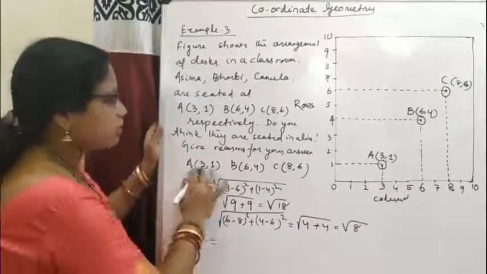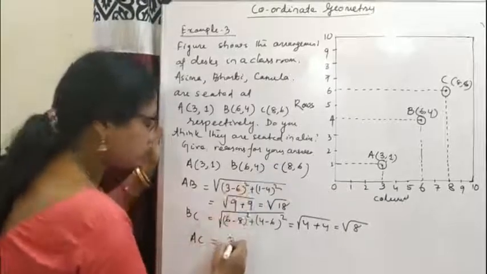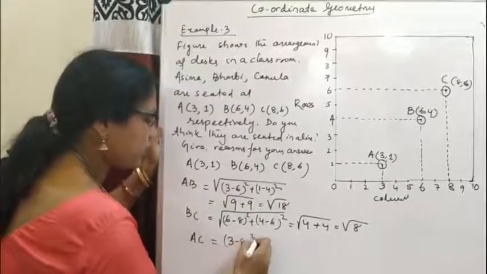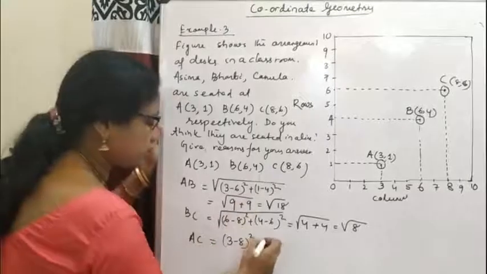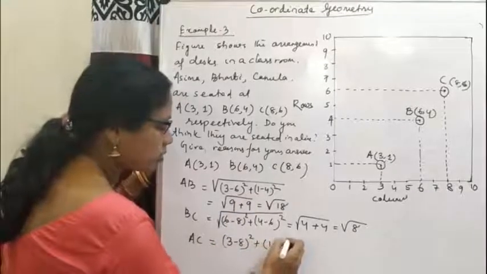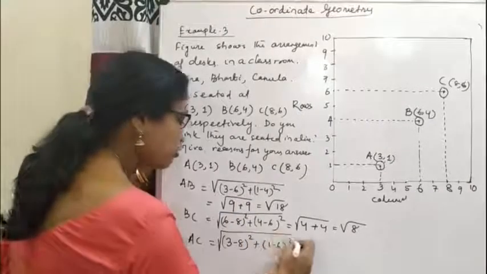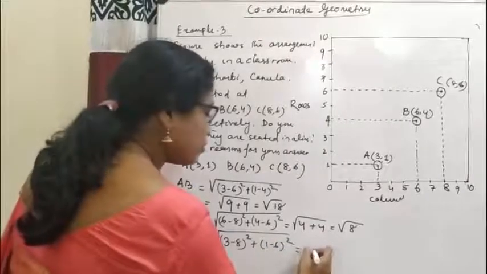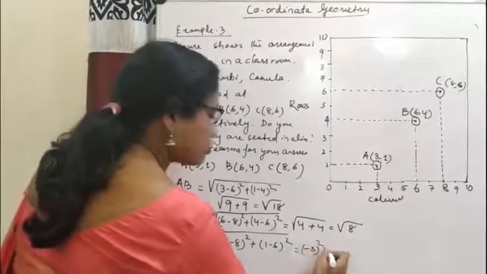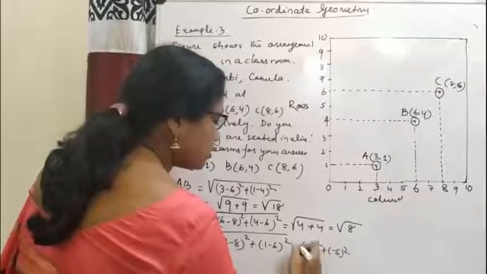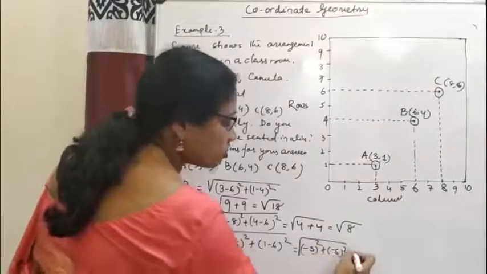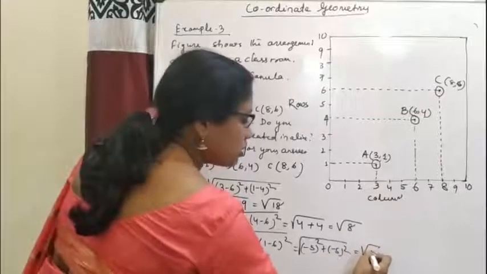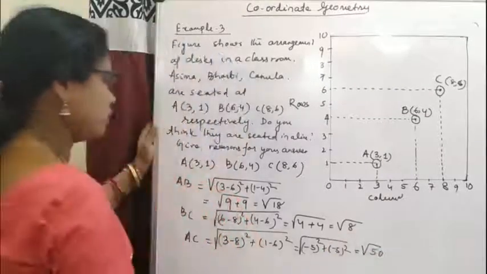The distance between A and C. This is the square root of (3 minus 8) whole square plus (1 minus 6) whole square. So this is equal to minus 5 whole square plus minus 5 whole square. So this is equal to 25 plus 25. So this is equal to root over 50.